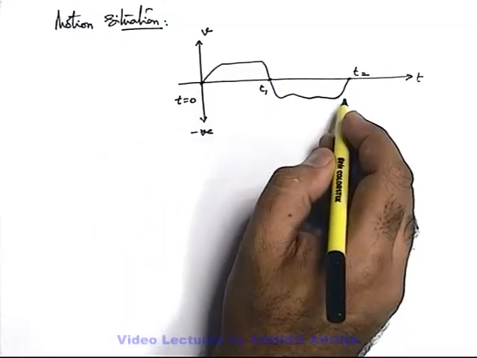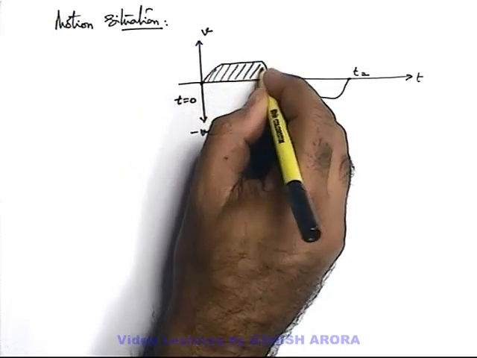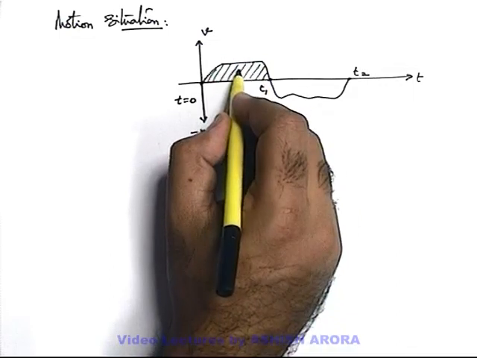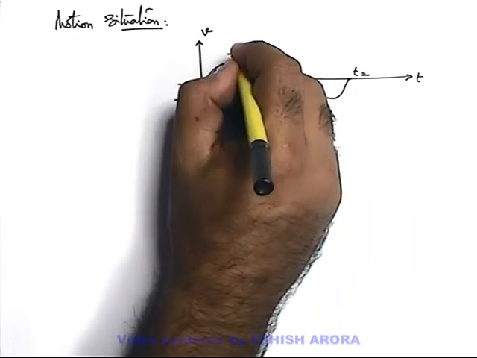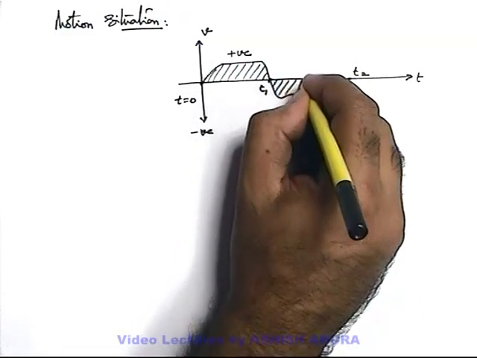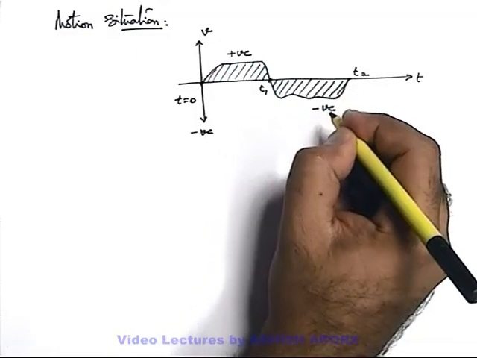So in such a situation, from time 0 to t1 the area between the curve and the time axis is above the time axis, so this is positive, and from time t1 to t2 you can see that this area is below the time axis, so this is written as negative.